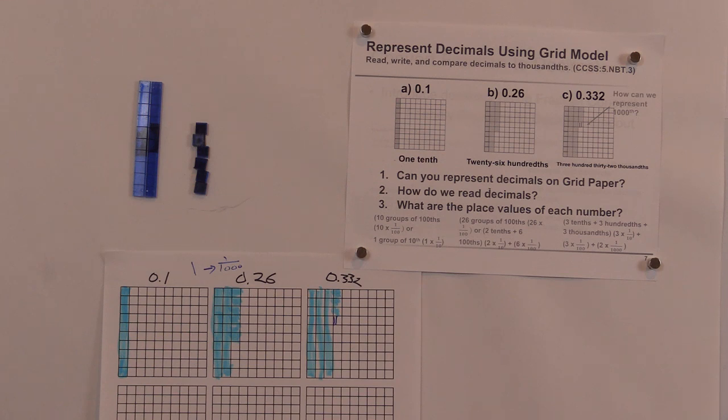That's the area concept. So I can tell this is 3/10 colored in, this is 2/10 colored in, this is 1/10 colored in. So I know that this is largest, this is middle and this is smallest just by looking at the picture. So it helps them to see decimals visually and to order decimals in the correct way. Okay? Good.